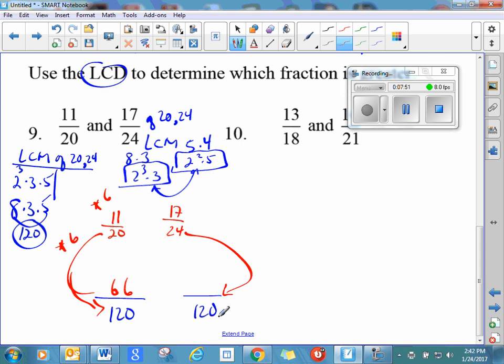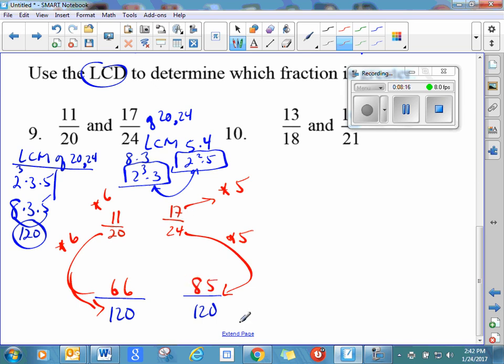Well, if you have a calculator, you can take 120 and divide by 24, and you get 5. If you don't know how to do it, you just long division it. So 24 times 5 is 120, and then you have to multiply 17 times 5. And what is 17 times 5? Let's see, 5 times 7 is 35, carry a 3, 85.